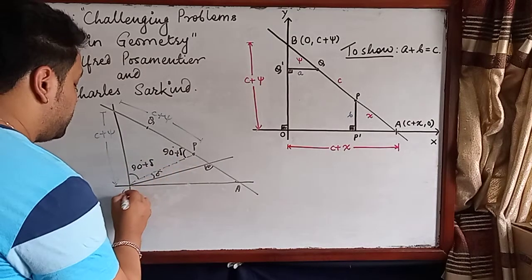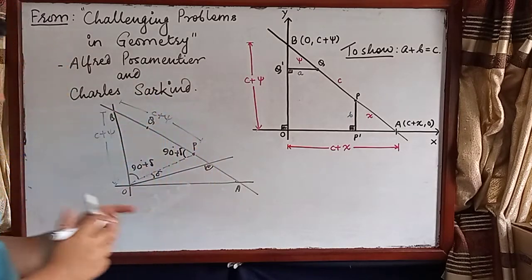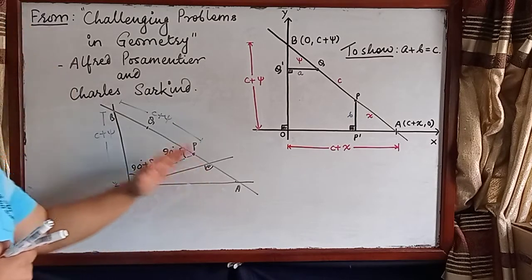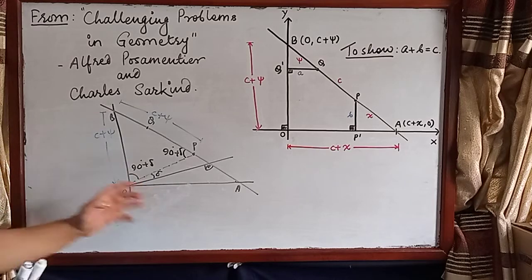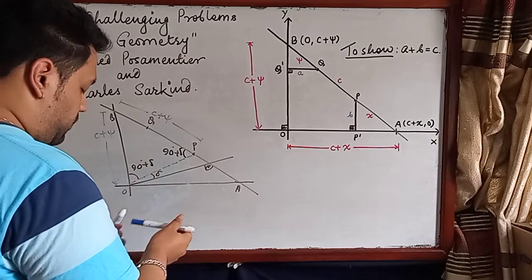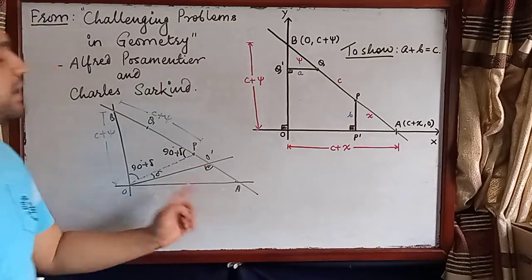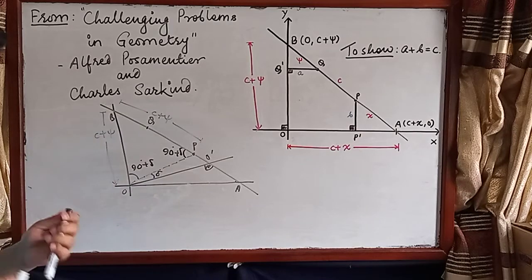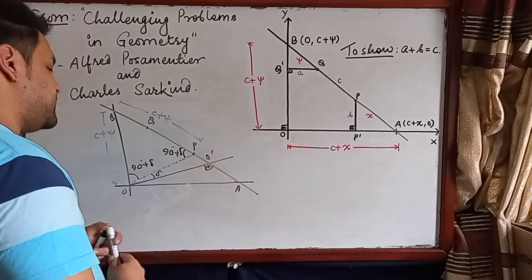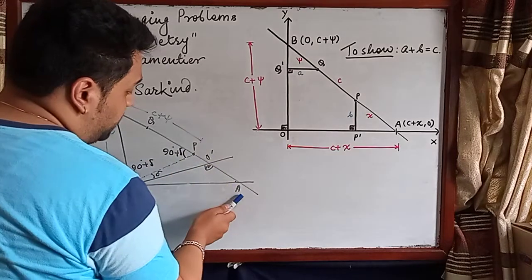So we have a triangle OBP in which two angles are greater than 90 degrees, which is a contradiction, as a result of which we conclude that the perpendicular OO dash cannot pass through a point between A and P, or the point O dash is not between A and P.